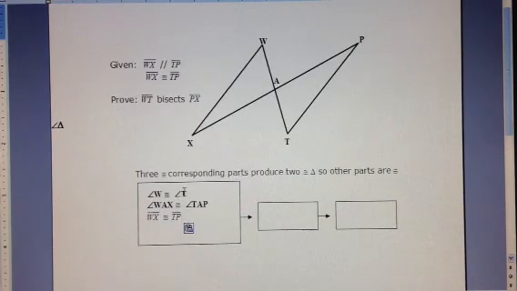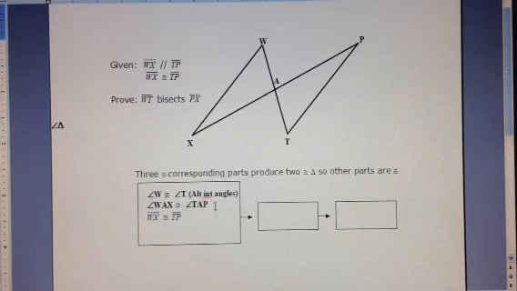Now the thing is that while we know this, we have to say how we figured this out. The reason we could say this is true is because they're alternate interior angles, which was given.